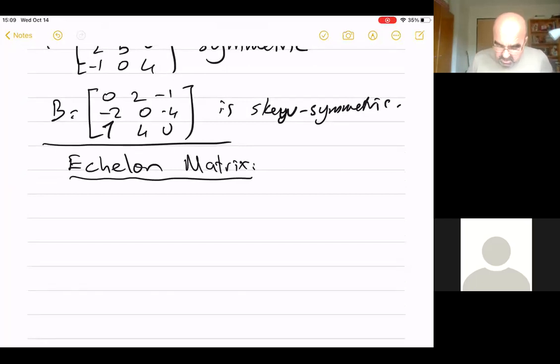An M cross N matrix, there's a definition. Maybe I should write the definition here.